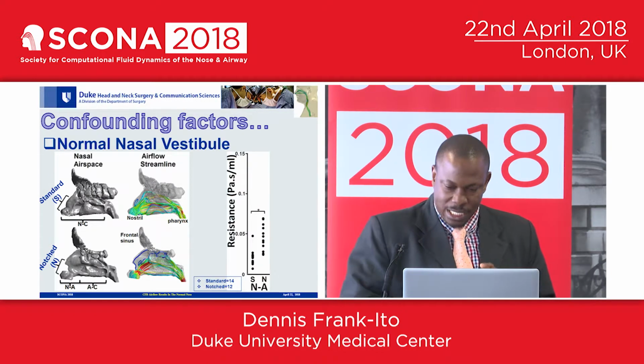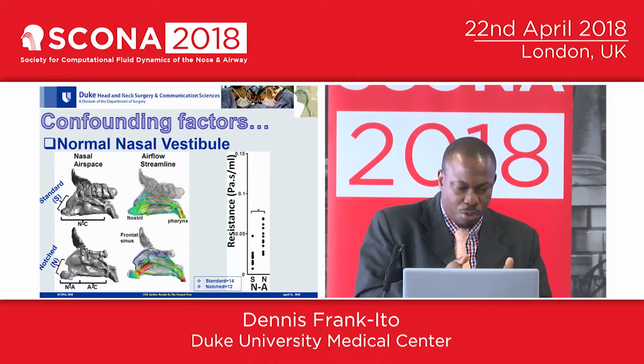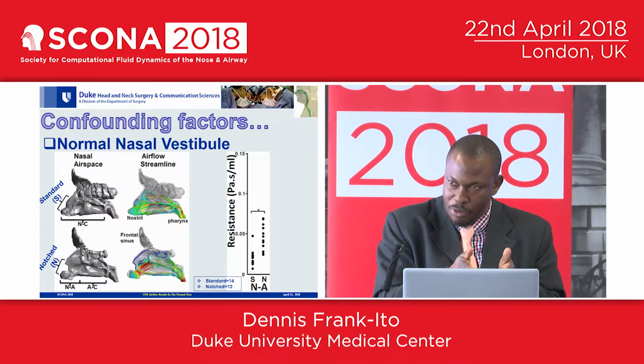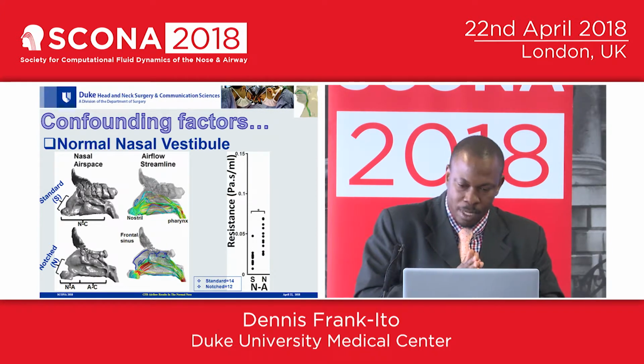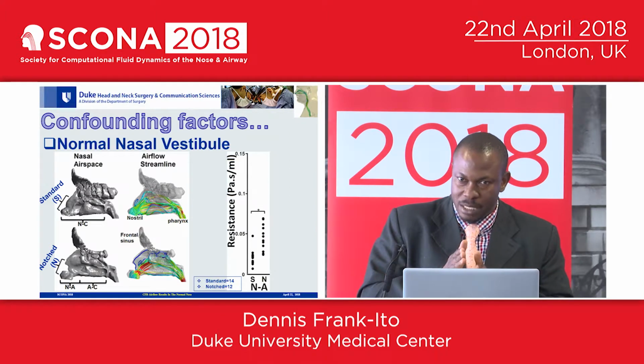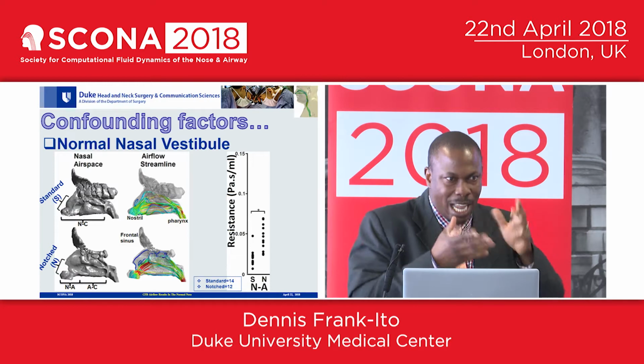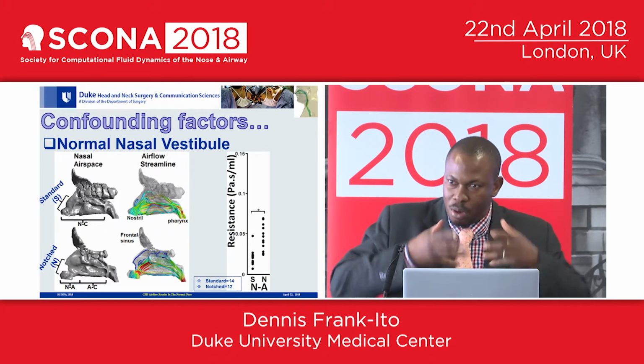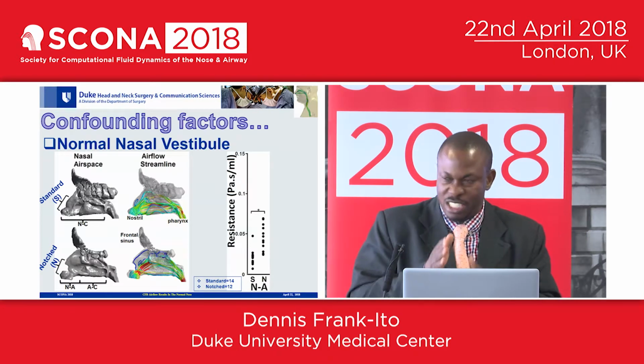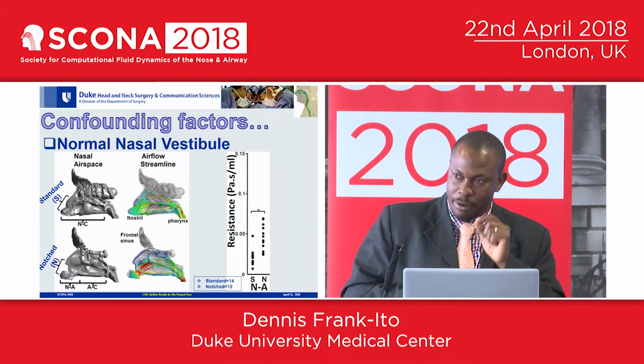What you notice is that at the NA, when you choose just the anterior region, which is the nasal vestibule, there's a huge difference between the standard patients, who have what we expect to be a normal nasal vestibule, and the notch patients. There's a huge significant difference in their resistance.